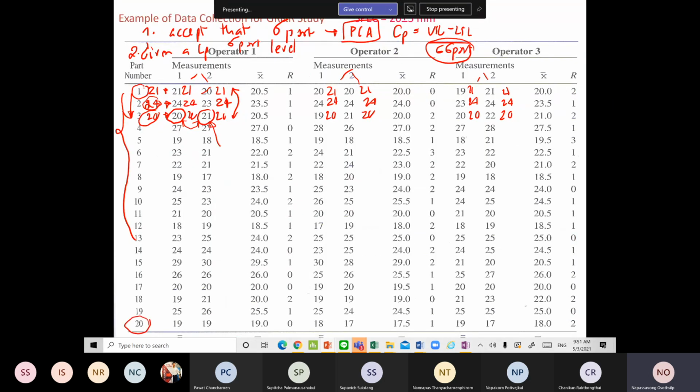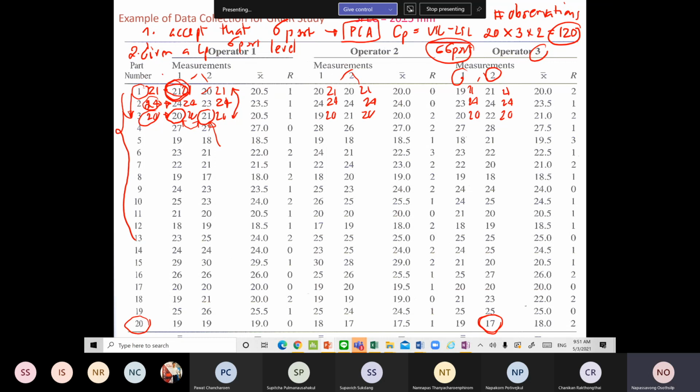The number of all observations will be 20 parts times 3 operators, and each operator measures 2 times. So we have 120 observations in this data set, from observation 1 here, which is 21, to the last measurement, which is 17. So these 120 observations, the numbers are different, right?